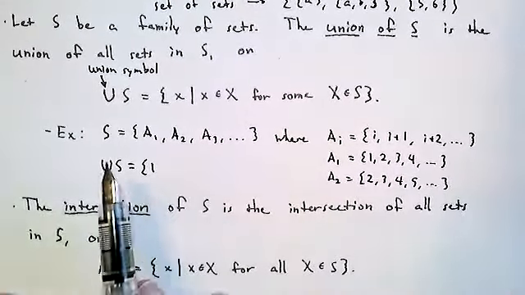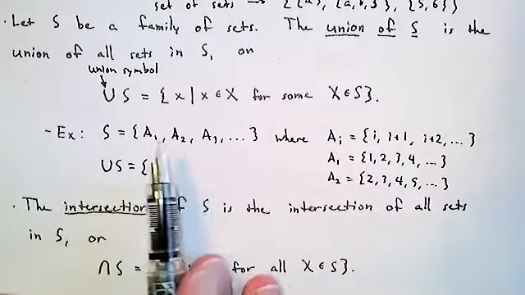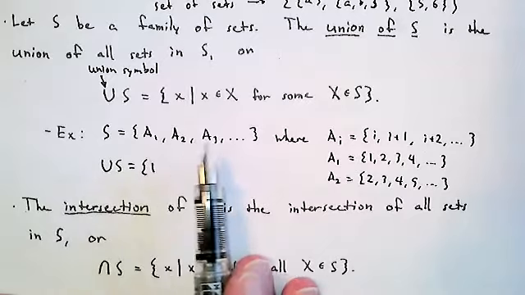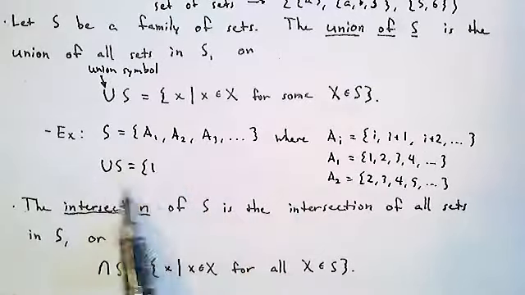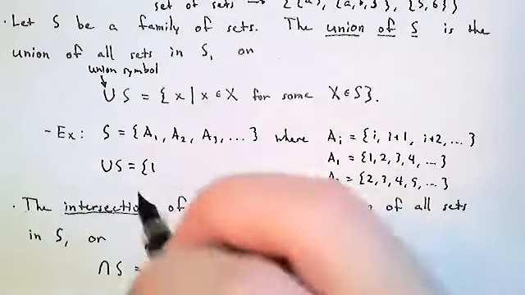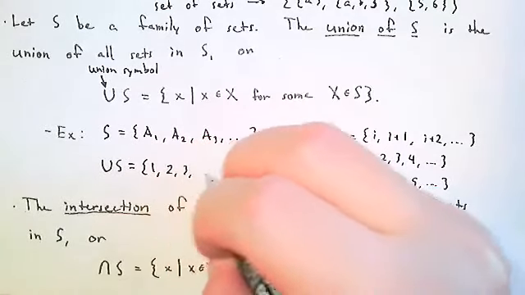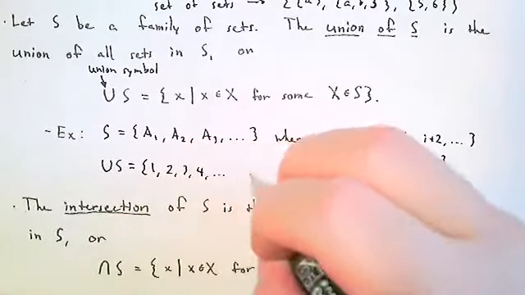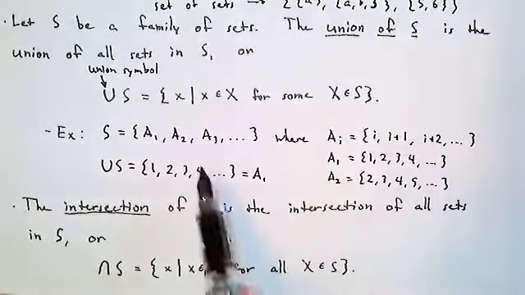But if we add up all of the elements, we're really not adding anything when we go to the next one, because all of these other sets are already part of the first one. So the union of S is really just the positive integers, 1, 2, 3, 4, and so on. It's really just the first set.